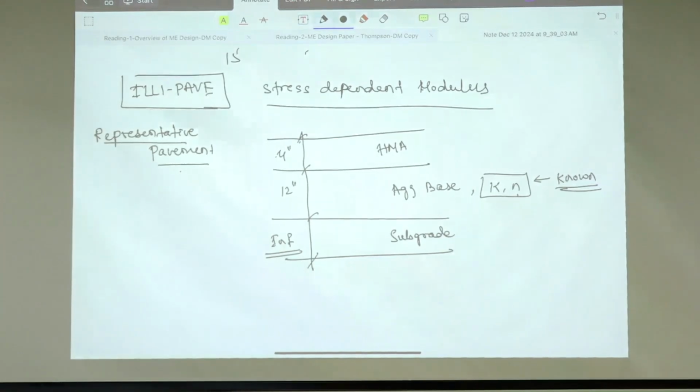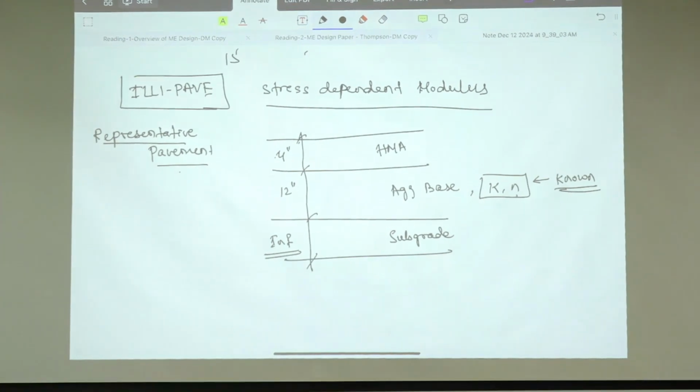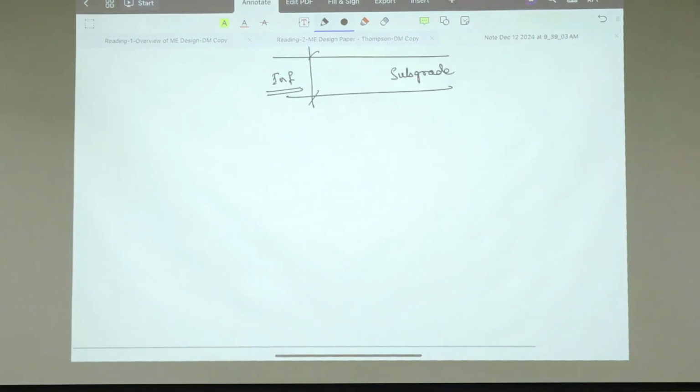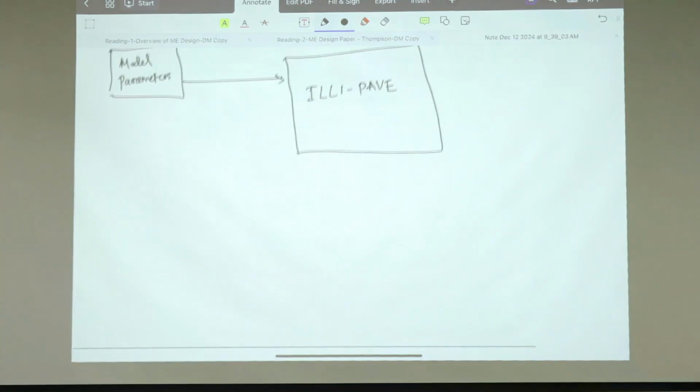Okay, what you can do is the following. You take this model, the model parameters and everything, and then you put it into a software like Illipave. And you know what you do?